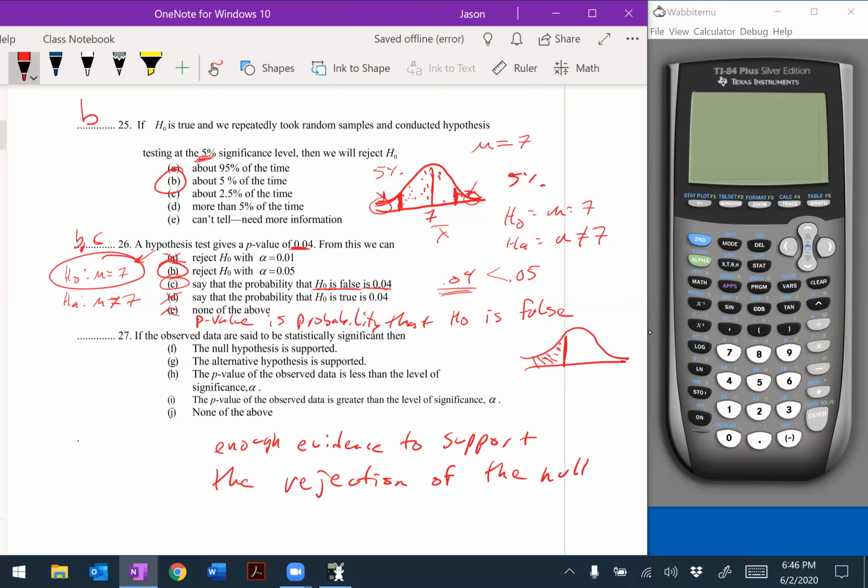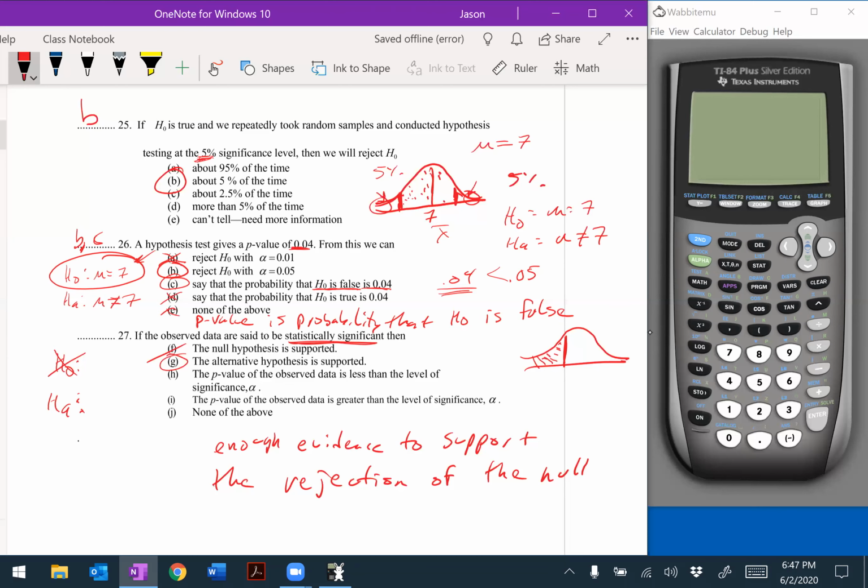So is the null hypothesis supported? No, we're going to reject the null. Is the alternative hypothesis supported? Yes, we're going to reject H0 in favor of HA if this is the case. If it is statistically significant, then we have enough evidence to support the rejection of the null, and so the alternative is supported.